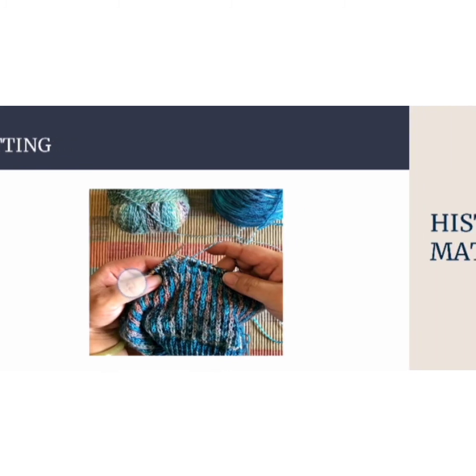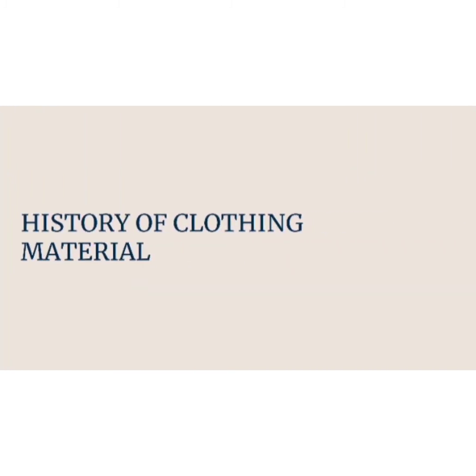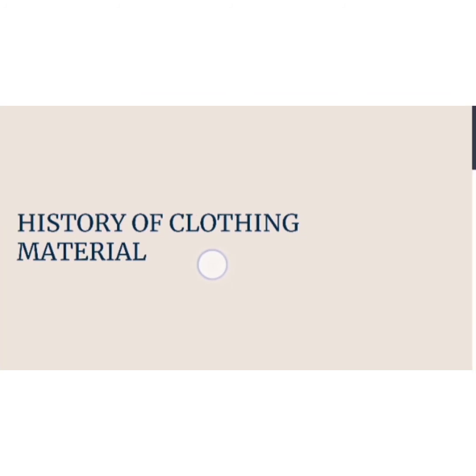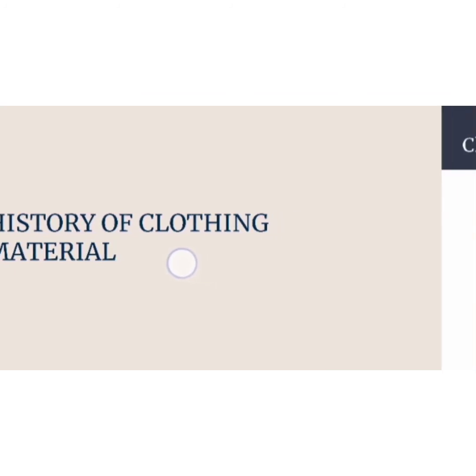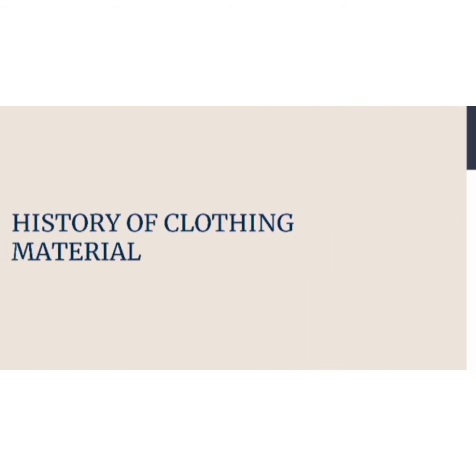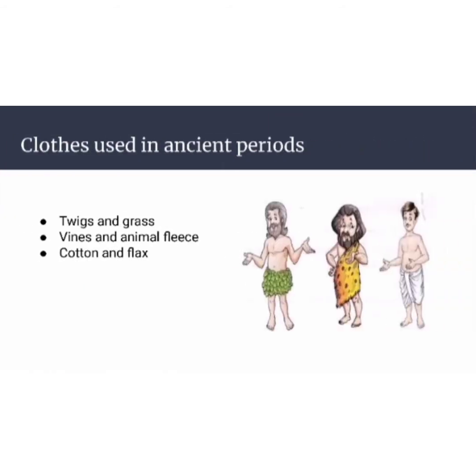Then we are going to learn about the history of clothing material. Have you ever wondered what materials people used in ancient times? It appears that in those times people wore the bark and big leaves of trees or animal skins and fur to cover themselves.